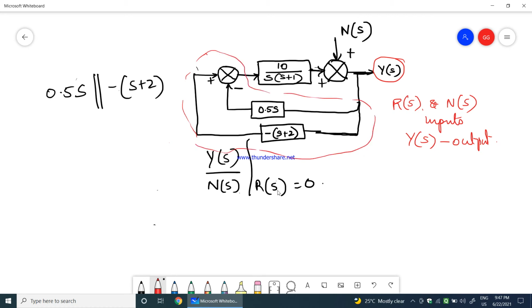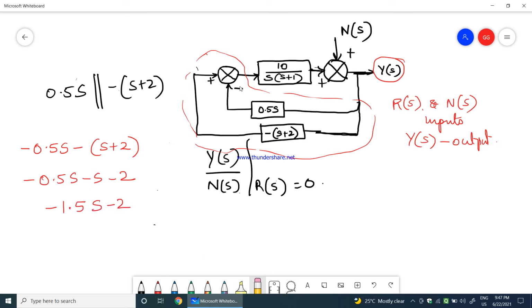Therefore I would say this complete block whatever I have will now be replaced with a single block which is minus 0.5s, because negative is there, added with minus of s plus 2, which is minus 0.5s minus s minus 2, which is equal to minus 1.5 times s minus 2.